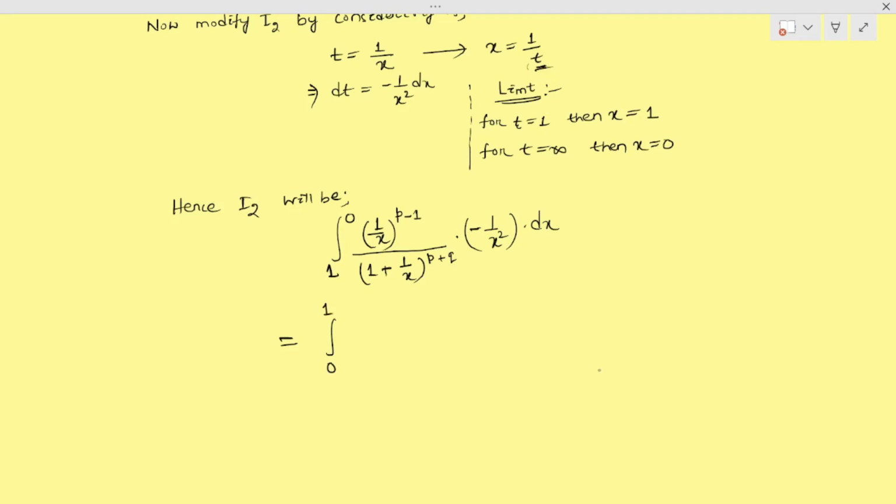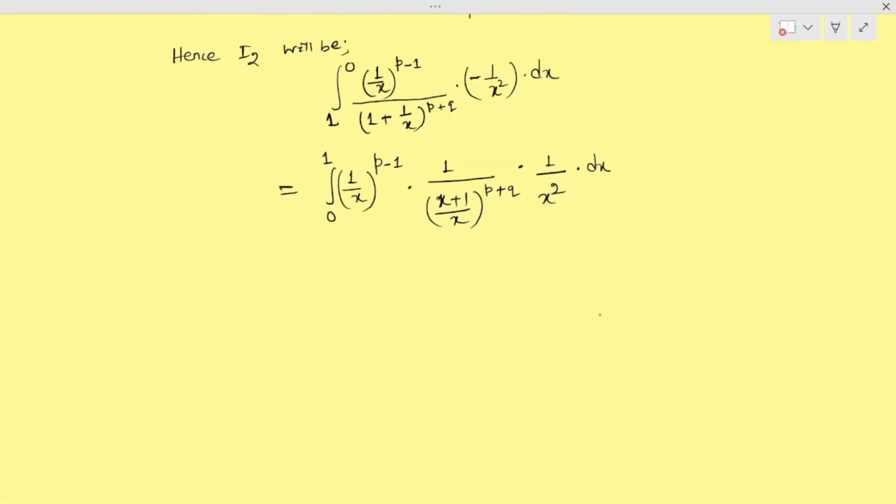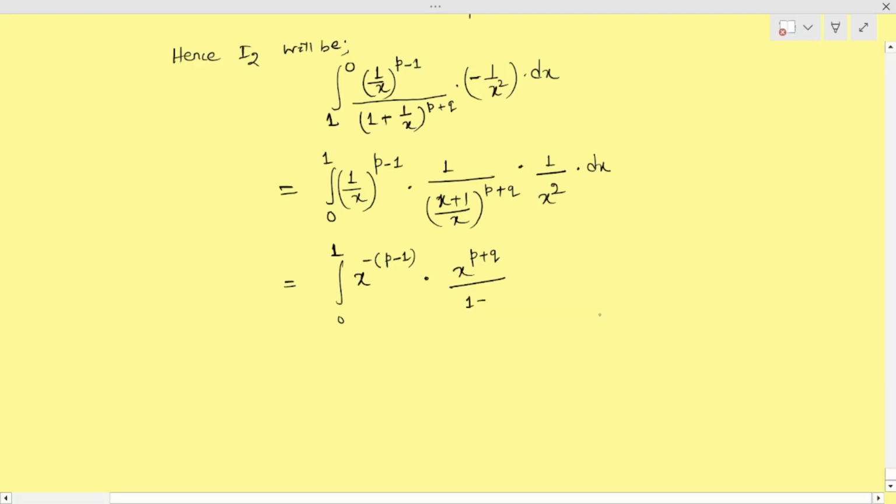So it will be 0 to 1, and this is (1 by x) to the power p minus 1, into 1 by ((x plus 1) by x) to the power p plus q, since 1 plus 1 by x can be written as (x plus 1) by x, into 1 by x square dx, is equal to the integral from 0 to 1. Now 1 by x I write as x, so its power becomes minus 1. So x to the power minus of p minus 1 will be this. Now this x is in the denominator, it goes up, so it will be x to the power p plus q by (1 plus x) to the power p plus q.